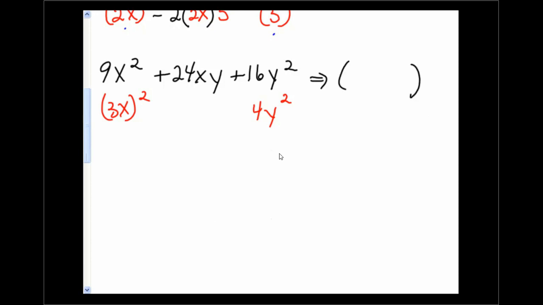This should factor to a binomial, 3x plus 4y. And you check your middle term by taking 3x times 4y and then doubling it, and you'd get your middle term of your trinomial.